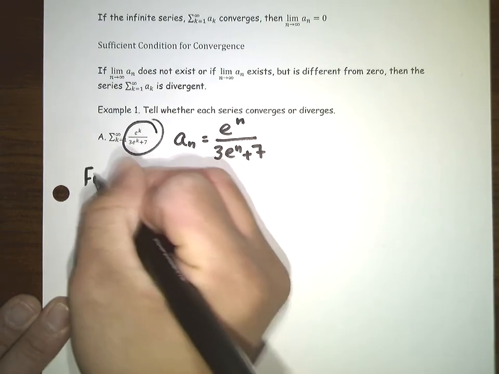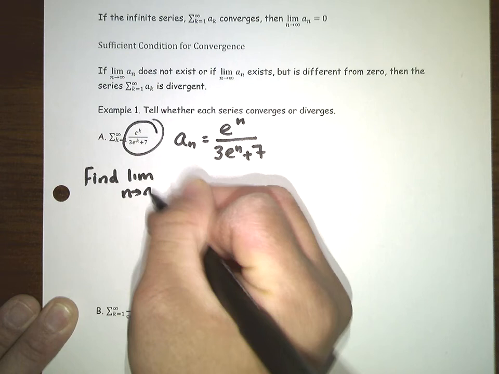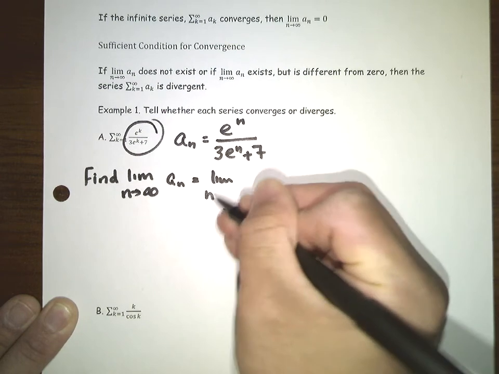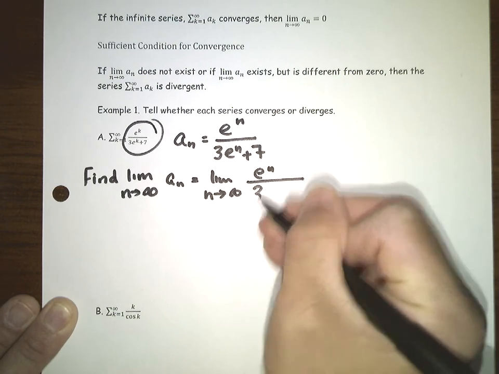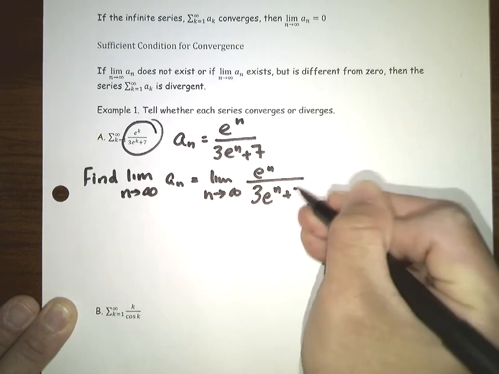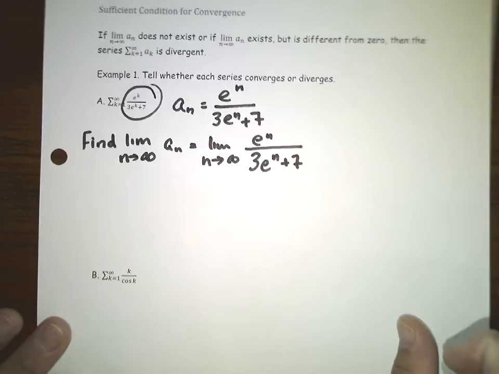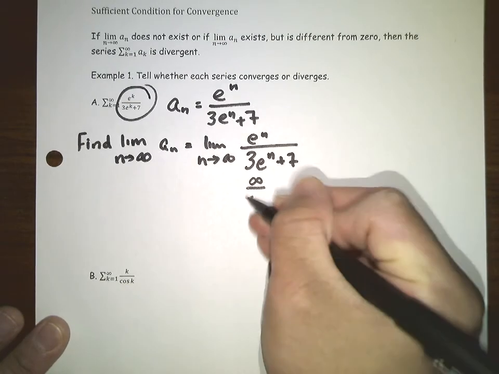So we're going to find the limit as n goes to infinity of a_n. That's the limit as n goes to infinity of e^n over 3e^n plus 7. If I try to find that limit, that's an indeterminate form of infinity over infinity.